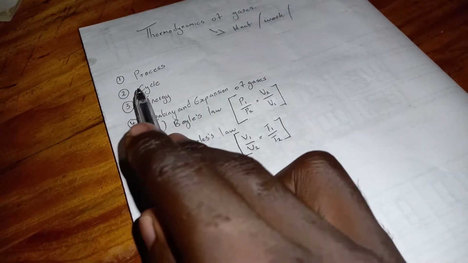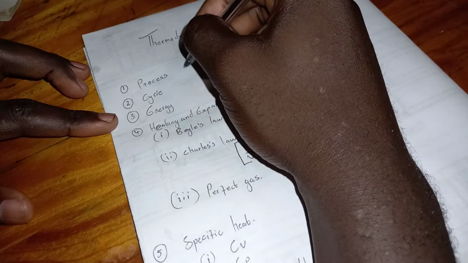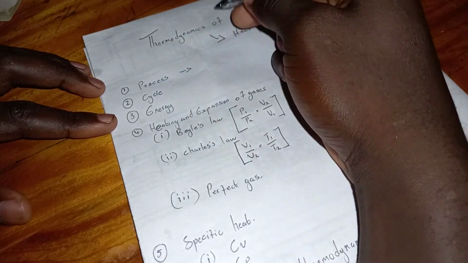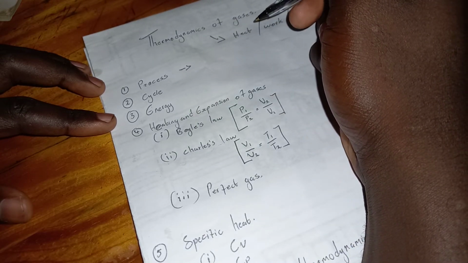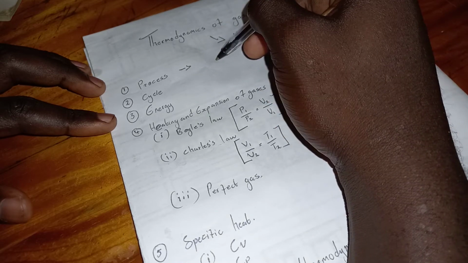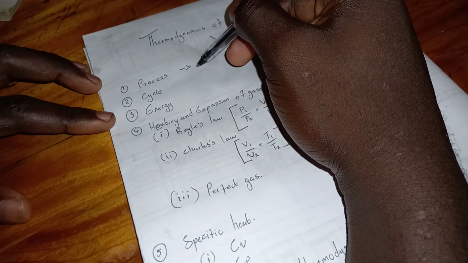Then number two, we're talking about the cycle. We're not talking about a cycle in terms of shape, right? If we're saying a cycle, it's a process that is being carried out repeatedly. We said a process is doing something by means of operating on that something.